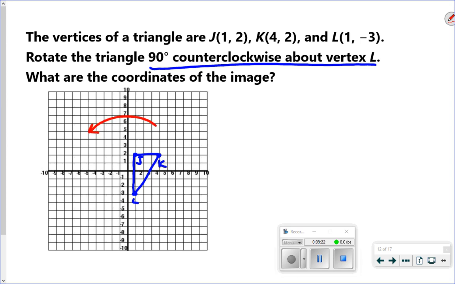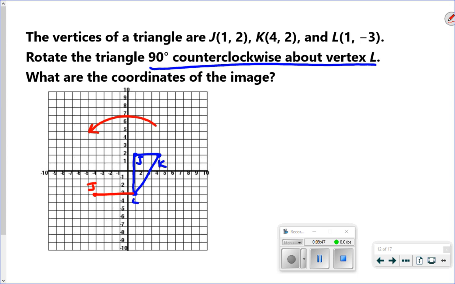So I'm going to start with point J. Now, right now from L to J, it's up 1, 2, 3, 4, 5 points up. When I rotate it 90 degrees counterclockwise, it's still going to be 5 points away, except now instead of going up, it's going to the left. So 1, 2, 3, 4, 5. Here's my new copy of J.